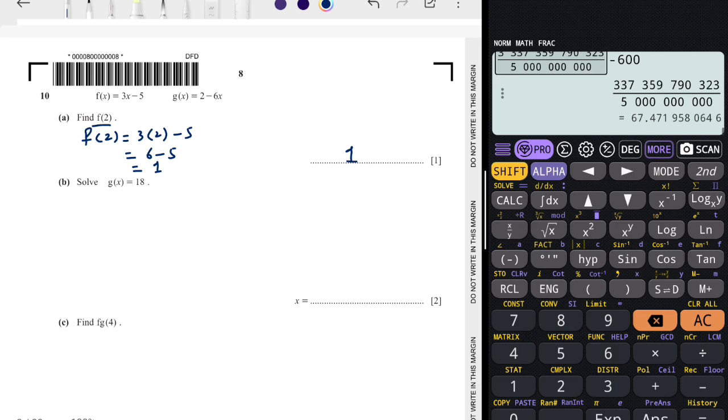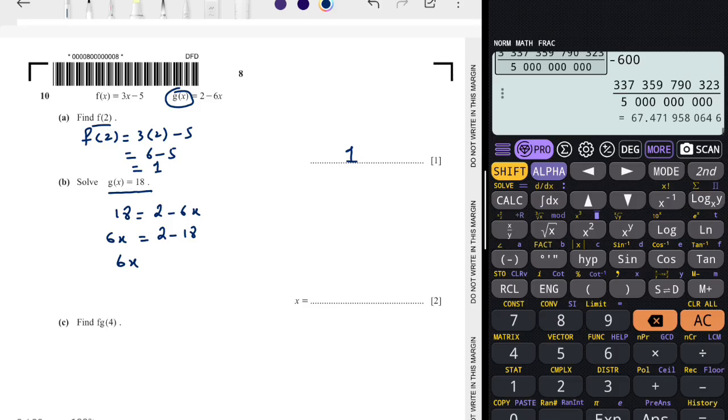B part. Solve g of x is equal to 18. So in place of g of x, we are going to write 18 is equal to 2 minus 6x, and we have to solve for x. So by shifting the values, we have 6x is equal to 2 minus 18.